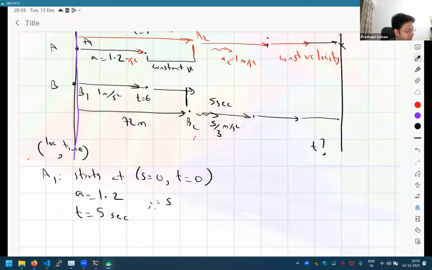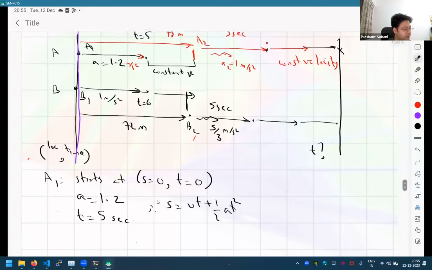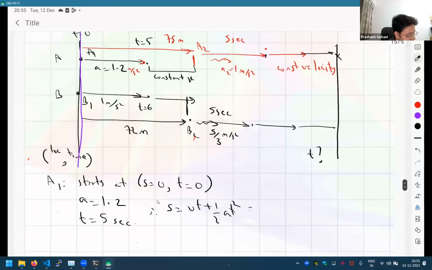Therefore, can I find the distance? How much distance is he going to travel in the first 5 seconds? That is going to be half into 1.2 into 5 square, right?